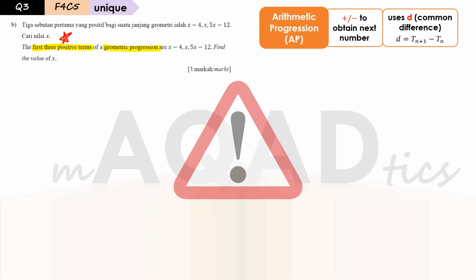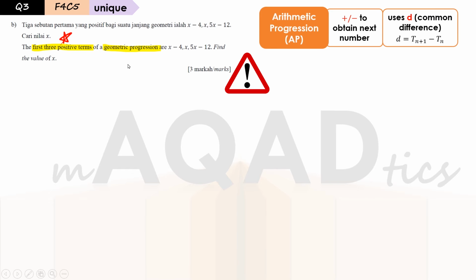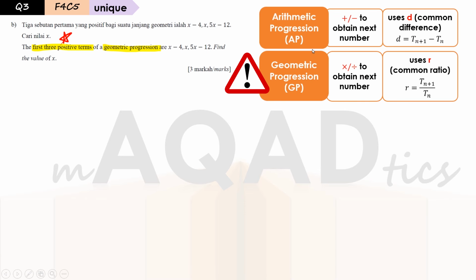Let's understand how geometric progression works. It's similar to arithmetic progression, which has a sequence of numbers, but they will be multiplying or dividing by a value to get the next number. For example, let's say my first value is 2.